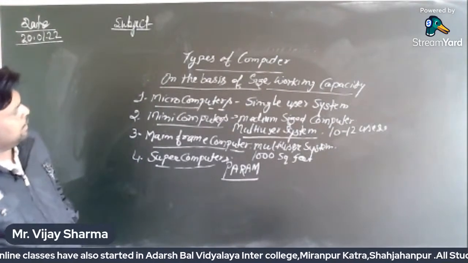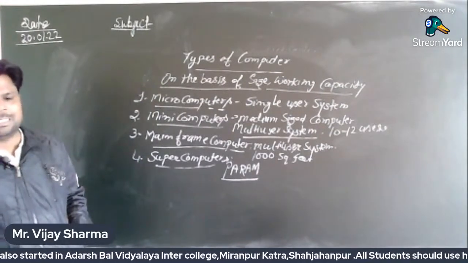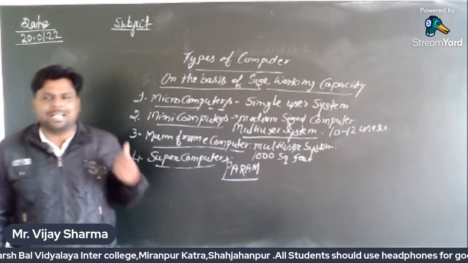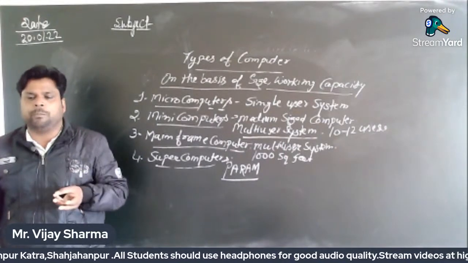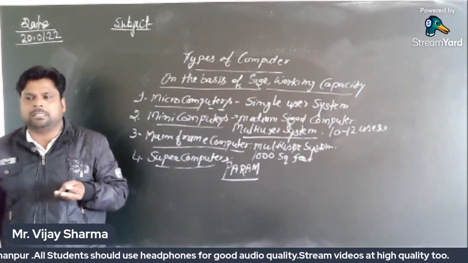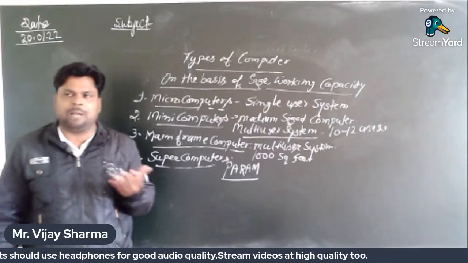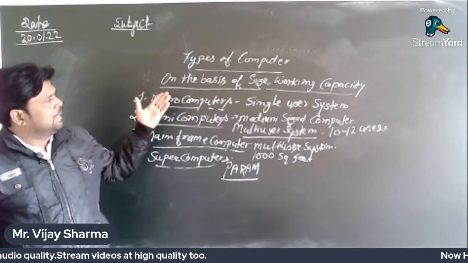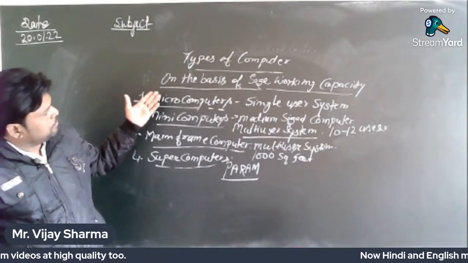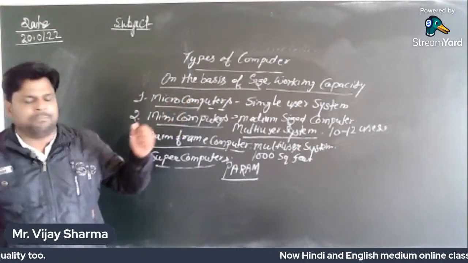So these are the computers which depend on the size of the computer. Yesterday we heard about the generations of computers: first, second, third, fourth and fifth. It means 5 generations of computers. Computers are divided on the basis of size and working capacity.